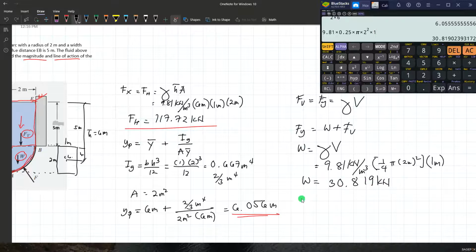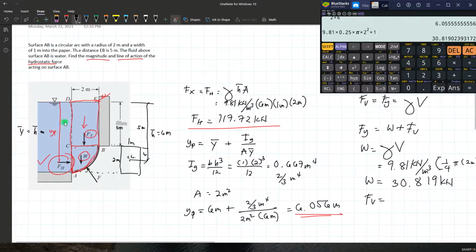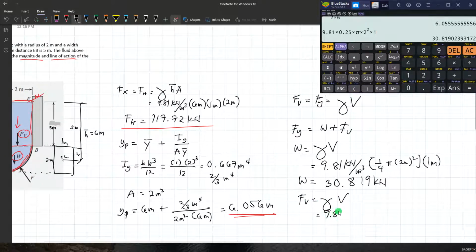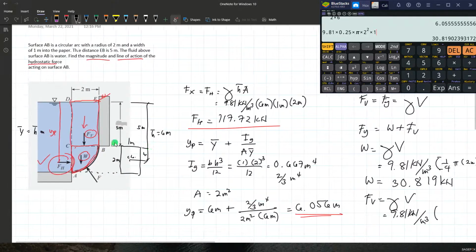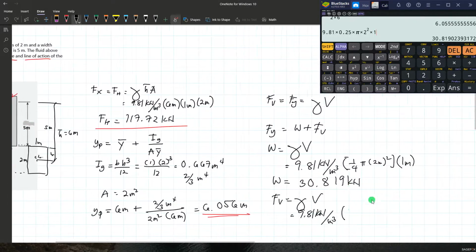Next, for Fv, for the volume of this rectangular shape right here. So multiply again the unit weight of the fluid times the volume. Just determine the area and multiply to the width, which is 1 meter, the width of the gate. So it's 9.81 kilonewtons per cubic meter multiplied by the area of this rectangle, 2 meters by 5 meters, times the thickness 1 meter.